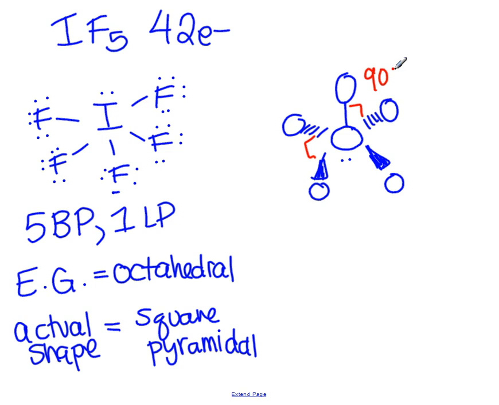Okay, last one. Again, if you haven't tried this one, I would recommend just pausing and trying it yourself, but here's the answer. When we count up the valence electrons here, we should have 36 of them total. Xenon goes in the center.